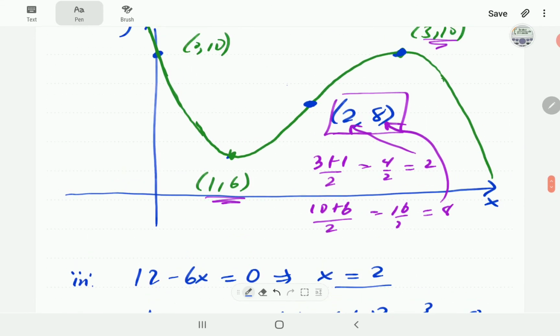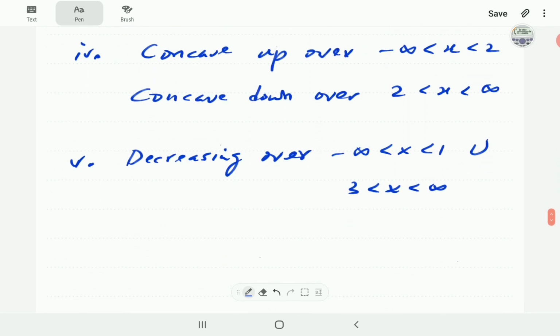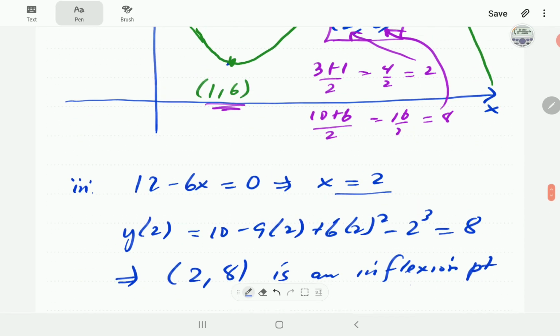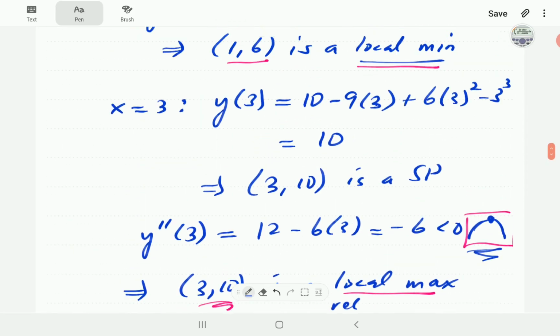And then it's only increasing between 1 and 3. So we're going to say increasing over the interval between 1 and 3. And that completes the first question.